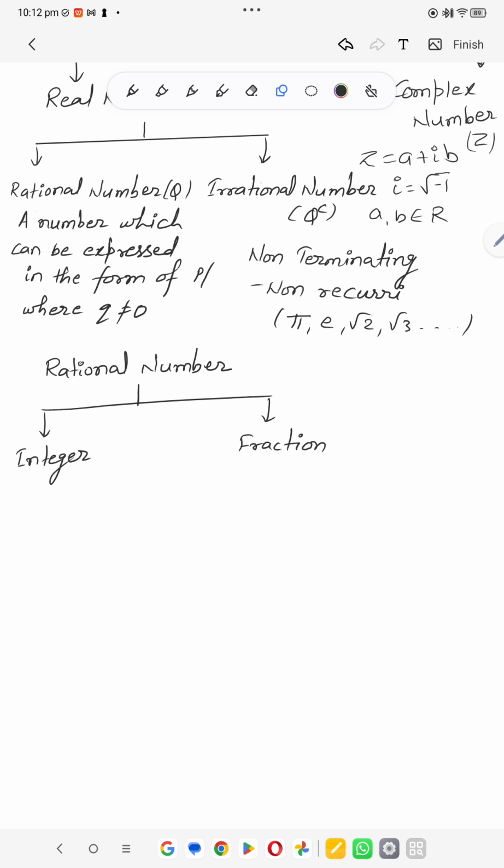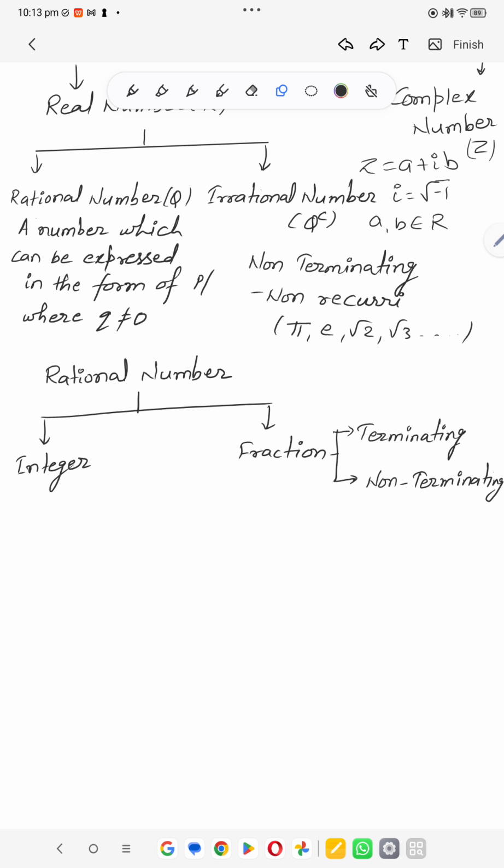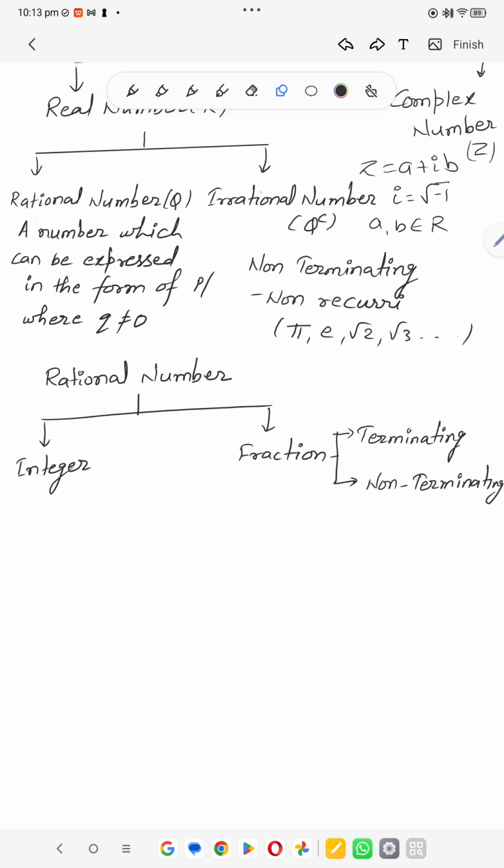If we talk about fraction, then it will have two forms. First one is terminating, second one is non-terminating. And integer is denoted as I.